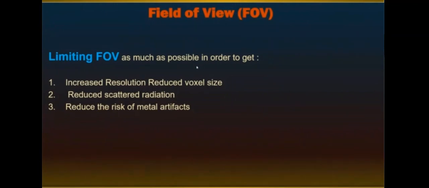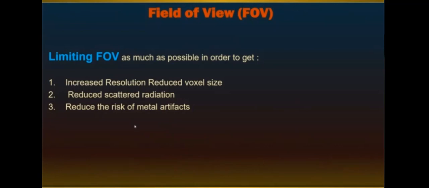You can have two types of artifacts: image noise from the scattered beam from natural teeth, or metal artifacts coming from neighboring metal structures like implants, crowns fused to metal, or whatever metal is there.